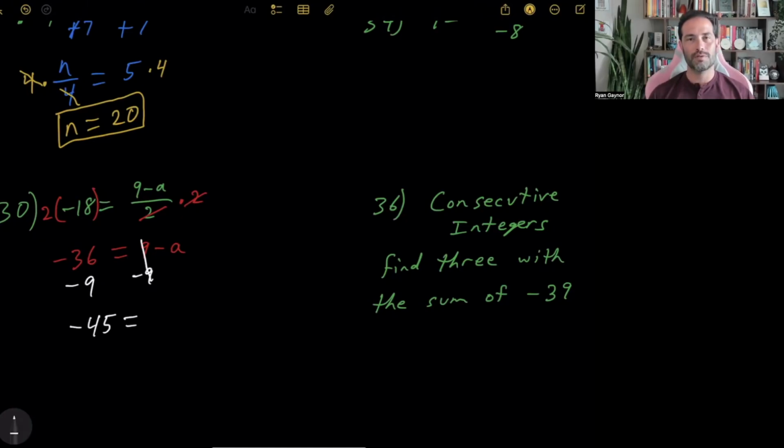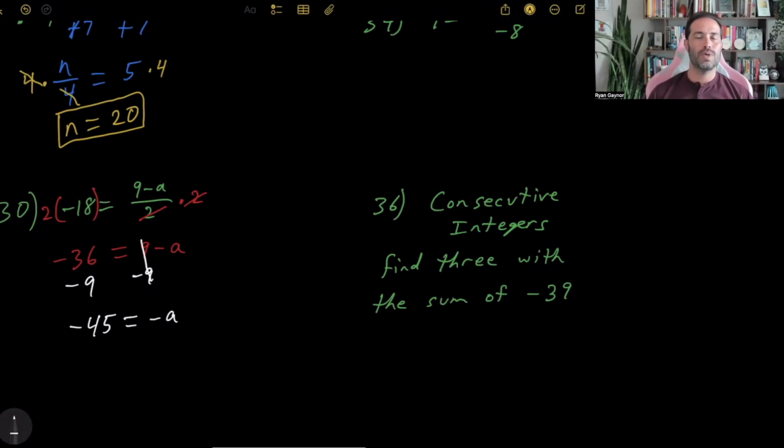So -45 equals, now here's where you have to be careful. This is where I see some students make mistakes sometimes. On the right-hand side above, it still says -a, but sometimes they just write a. But no, you got to bring down the whole thing, -a.